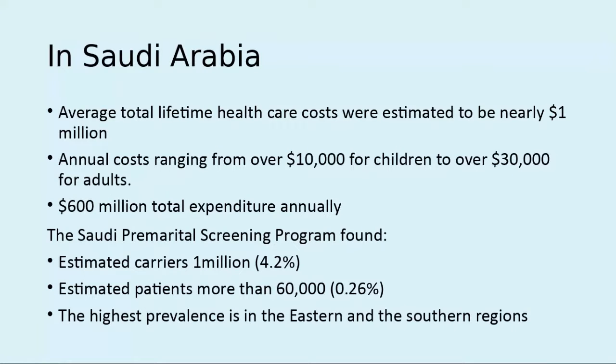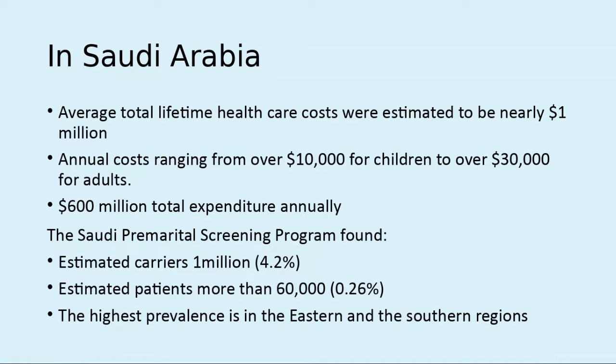In Saudi Arabia, the average total lifetime healthcare cost was estimated to be $1 million per patient. The annual cost ranges from $10,000 to $30,000 per adult, with a total of $600 million in expenditure annually to treat patients with sickle cell anemia. In Saudi Arabia, we have the pre-marital screening program, which shows an estimated carrier rate of 4.2%.